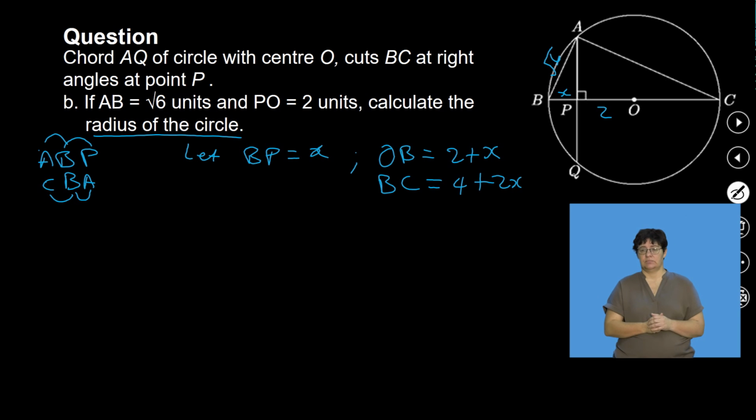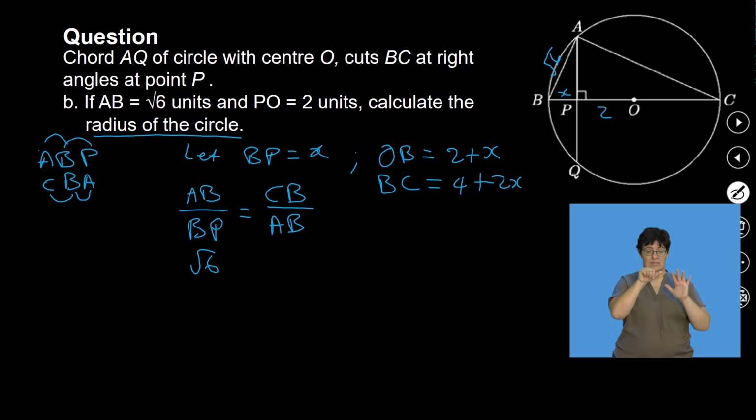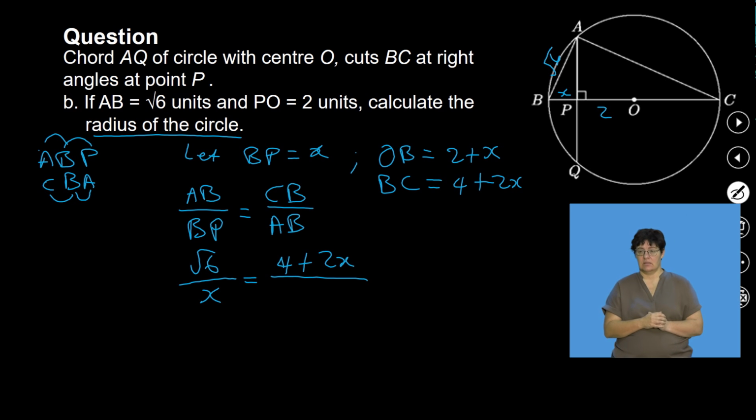So this means that AB over BP is equal to BC over AB as well. This will be square root of 6 over BP, which we said let's let be X, and this is equal to BC, which is 4 plus 2x, divided by the square root of 6.